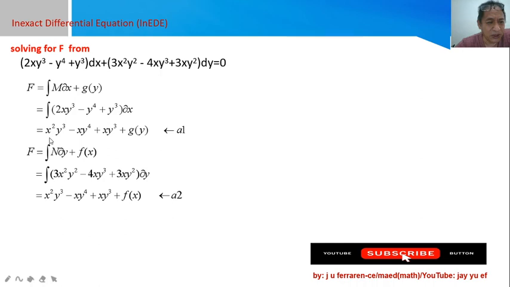Have you noticed that all the terms involve xy? So when I do the integration a second time, these terms will also appear in the integral of this term, provided that I arrive at a correct f. So this can be used for checking. These are the terms coming from the coefficient of dy, so 3x squared y squared. Did I copy correctly? Now I have all the terms.